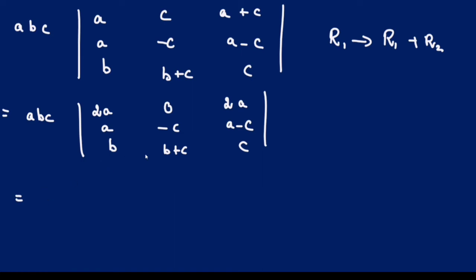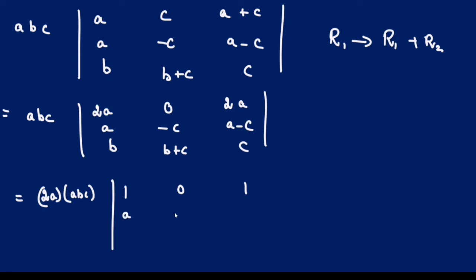Anything common? First row, 2A. 2A is common, so we can take out the 2A outside. Already one ABC is there. So when you take out 2A, I get 1 here, 0 here, 1 here.